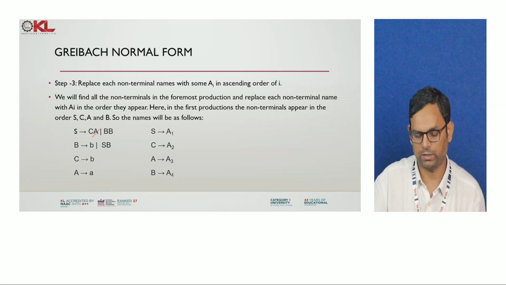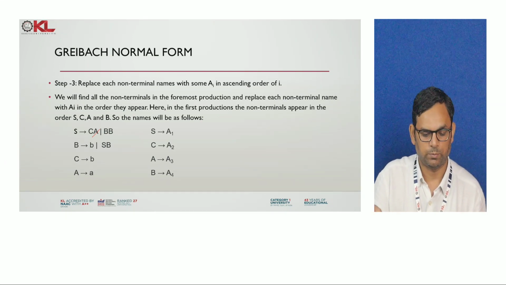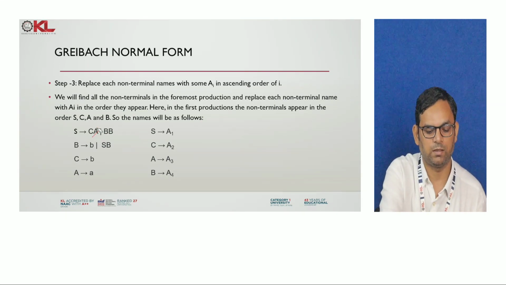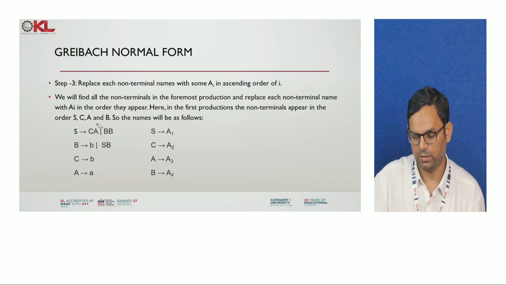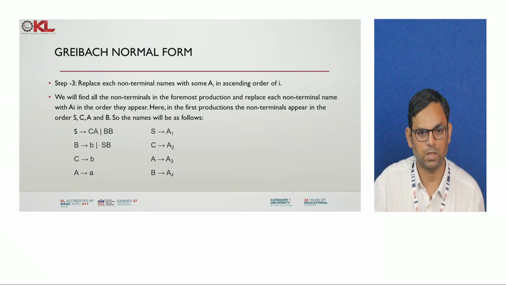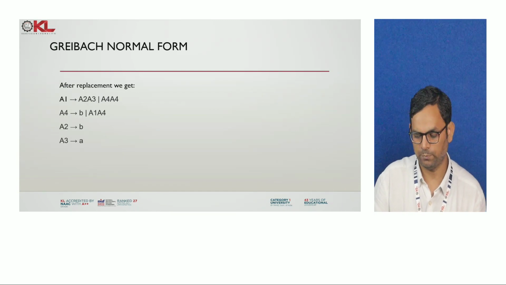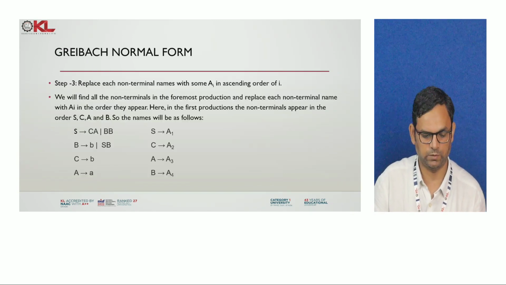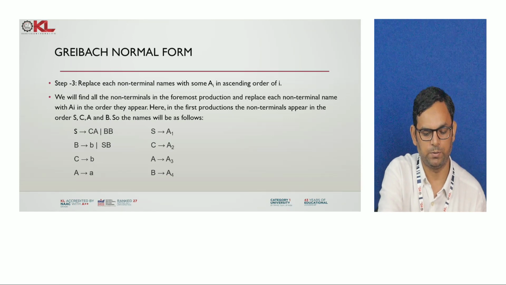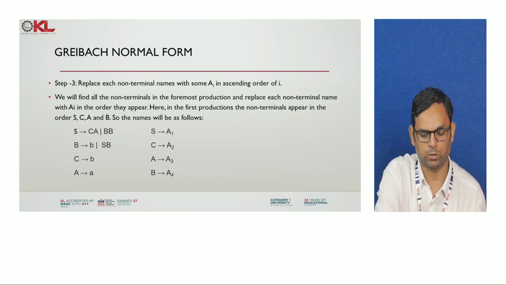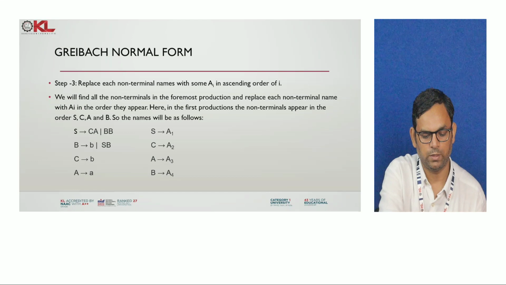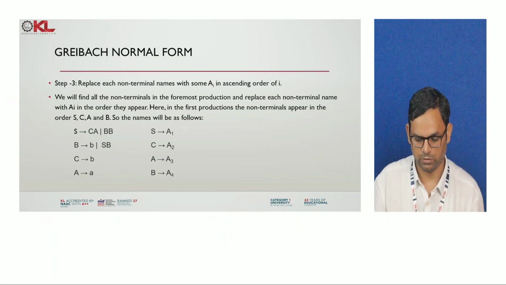Now what is the next step? The next step is to rewrite the given grammar, replacing every non-terminal with A1, A2, A3 or A4. Now I am rewriting the grammar. S becomes A1, C becomes A2, A becomes A3 and B becomes A4.